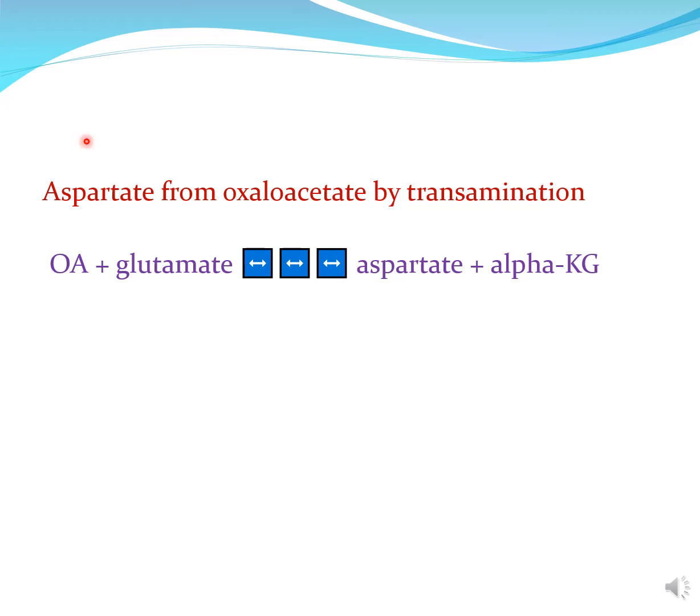Aspartate can be formed by AST from oxaloacetate. Oxaloacetate and glutamate, by transamination by AST, result in the formation of aspartate and alpha-ketoglutarate. We discussed the importance of this reaction in the liver and urea cycle, as aspartate is a provider of the second amino group in urea.